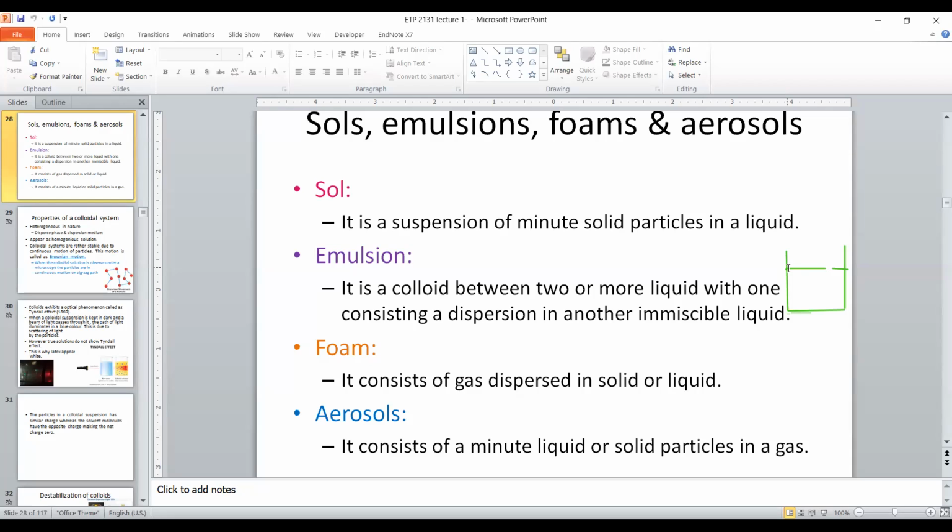So an example of aerosol is morning fog. Examples for foam are foam mattresses, whipped cream, shaving foam, all are foams. Emulsion examples: milk and natural rubber latex.